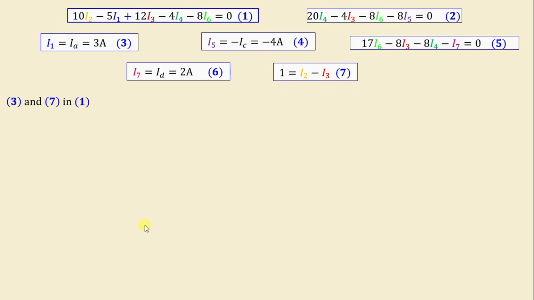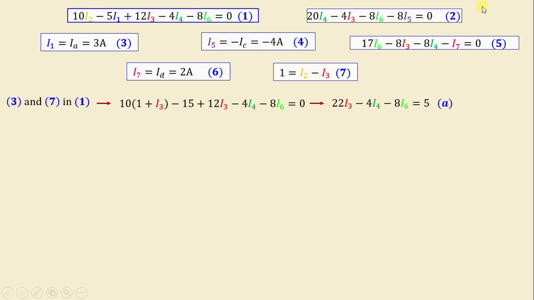Let's start first with equation 3 and equation 7. By substituting equations 3 and 7 in equation 1, we obtain 10(1 plus I3) minus 15 plus 12I3 minus 4I4 minus 8I6 is equal to 0. If we continue simplifying this equation, we obtain 22I3 minus 4I4 minus 8I6 is equal to 5.